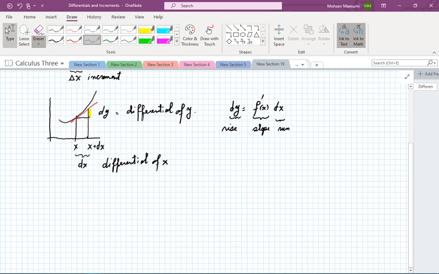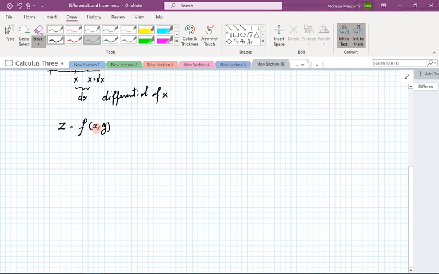Now we want to do the similar idea in higher dimensions. So suppose I have z as a function of x and y. The question is, if I change x and y, what would be the change in z? The formula for the change in z is very easy.